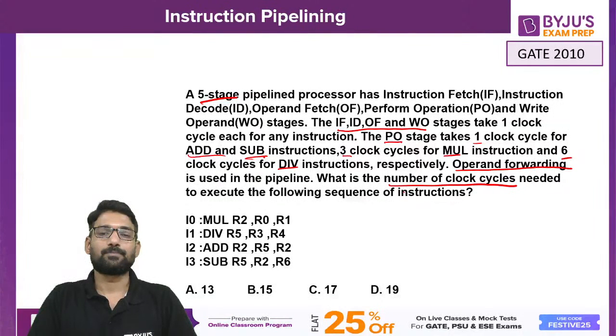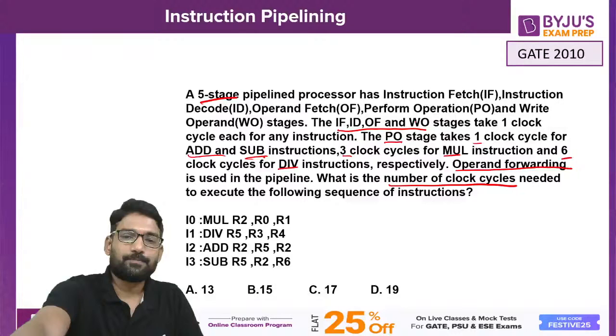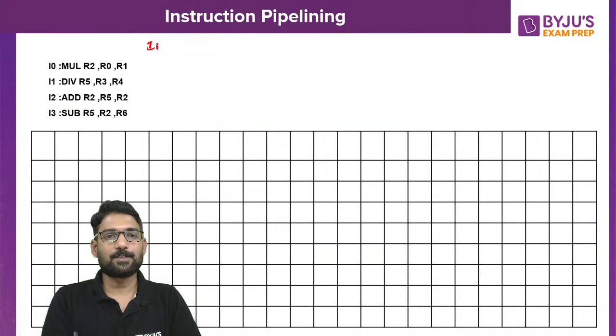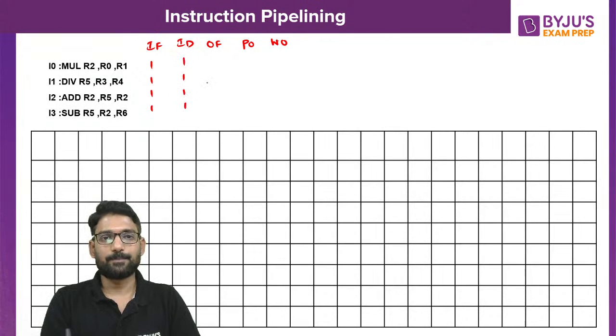These are the instructions we have, and 5 stages: instruction fetch, instruction decode, operand fetch, perform operation, write operand. These take 1 clock cycle for any instruction. PO takes 3 clock cycles for null, 6 for div, 1 for add, 1 for sub.